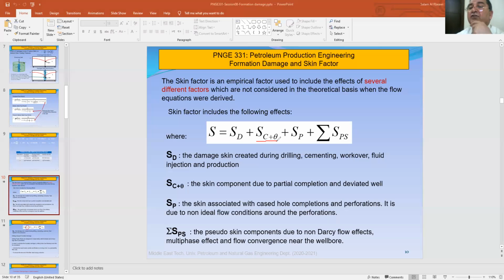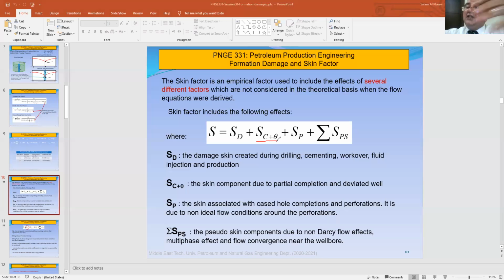And the last phenomenon is the convergence close to the wellbore. Now, if you have a circular drainage area, the cross-section area of the flow close to the outer boundary, for sure, is very big.